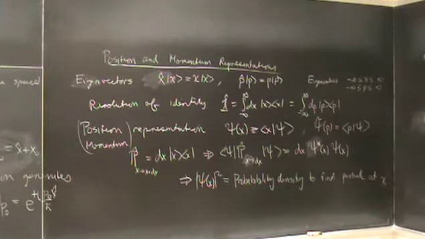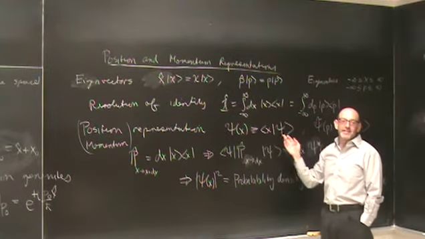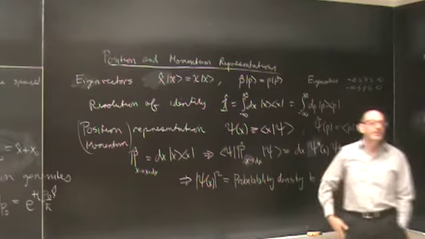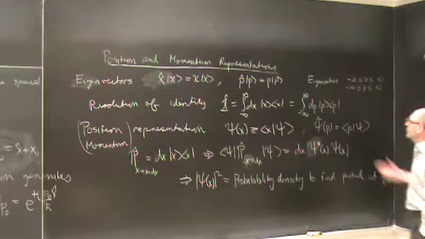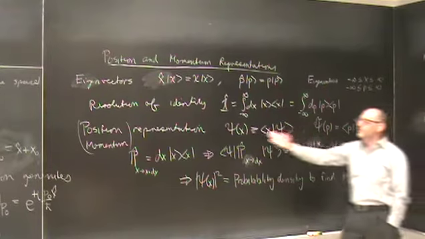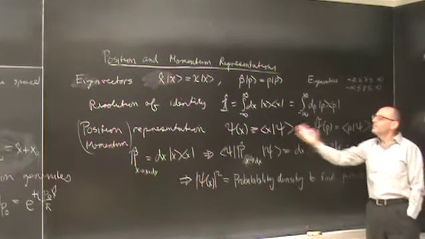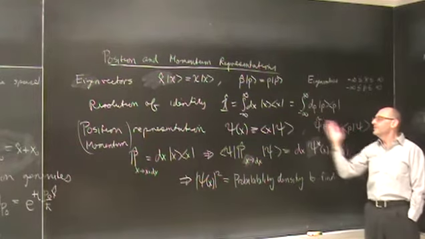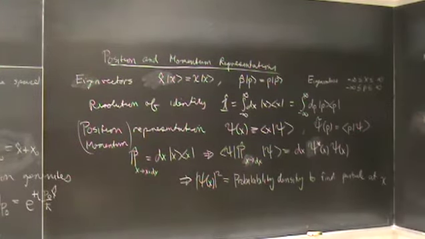So we now have, instead of a column vector in the representation, a function, and the function is a representation of the vector. Okay? And we have, in this case, two different representations, the position representation and the momentum representation. They are representations of the same state in two different bases, the position basis and the momentum basis.